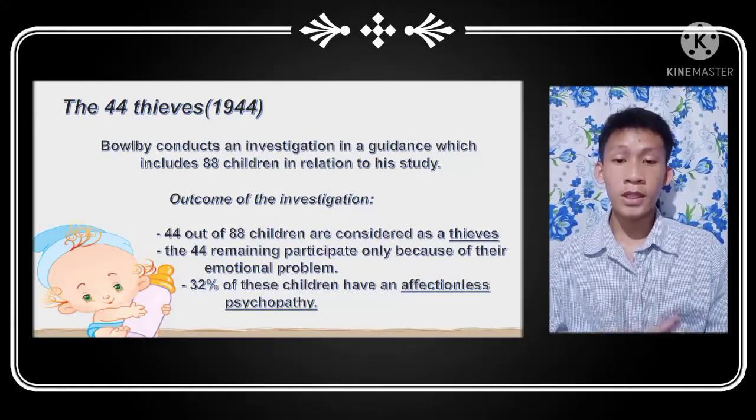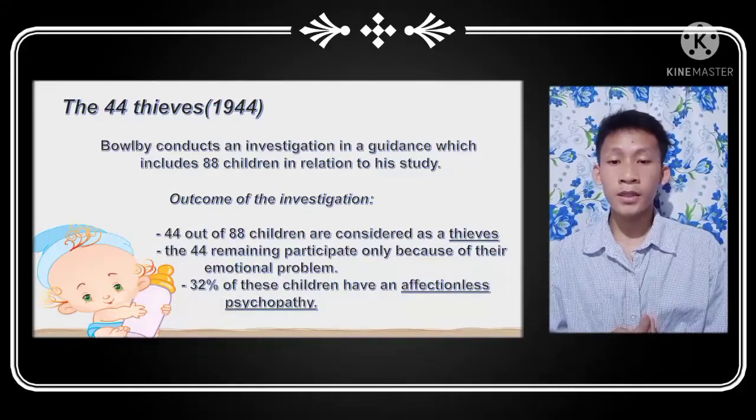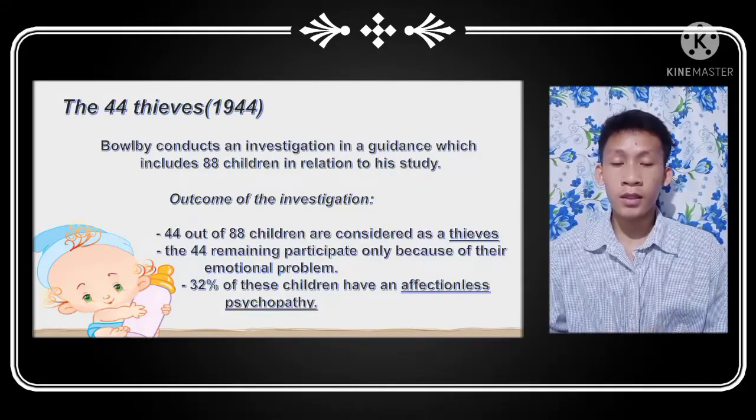He called them thieves because of their tendency to steal money and things from other people. And they committed those crimes because they experienced trauma and depression back then, when their mother was separated or lost. That leads to negative effects on the child's life.